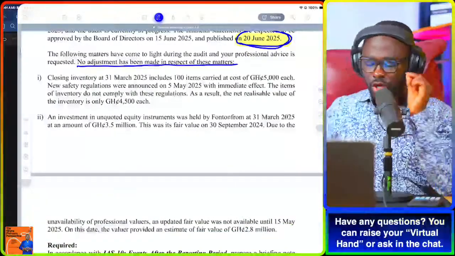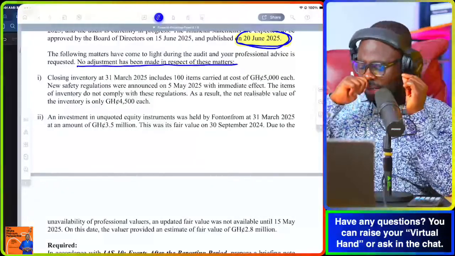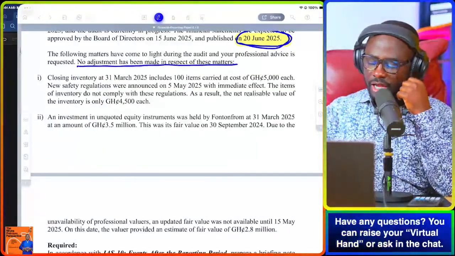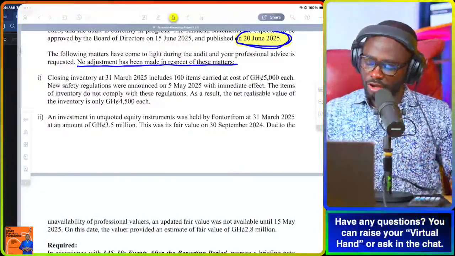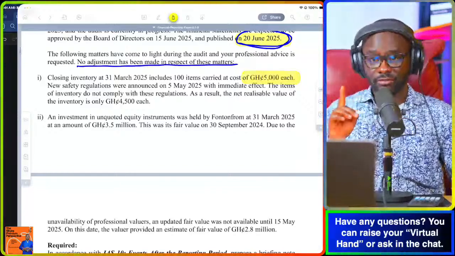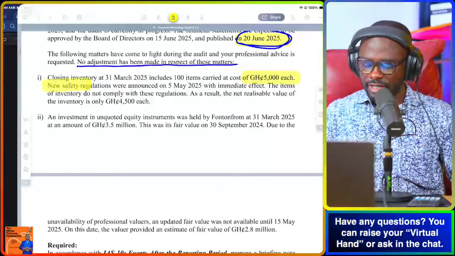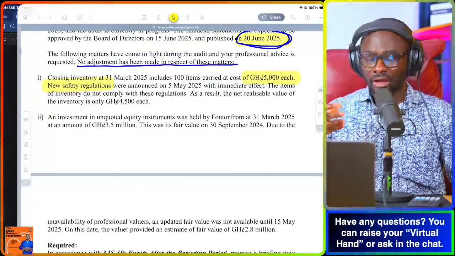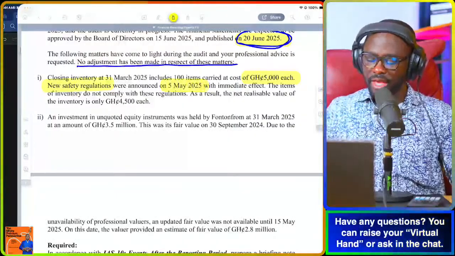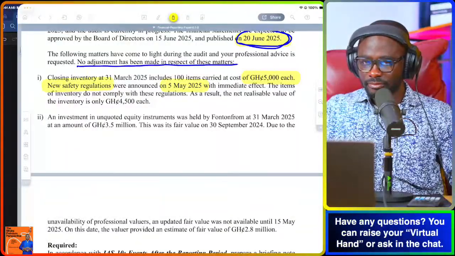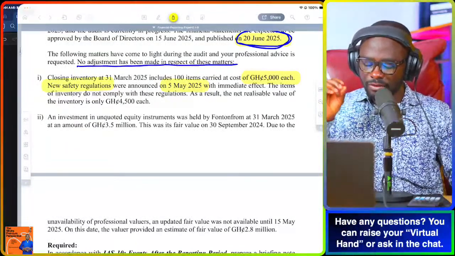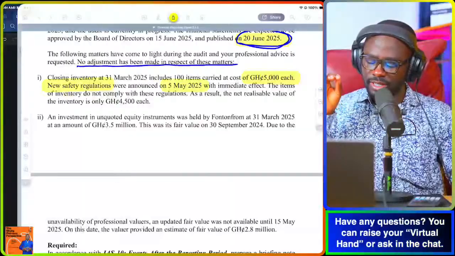1. Closing inventory at 31st March 2025 includes 100 items carried at cost of 5,000 Ghana cedi each. New safety regulations were announced on 5th May 2025 with immediate effect. This item of inventory does not comply with these regulations.